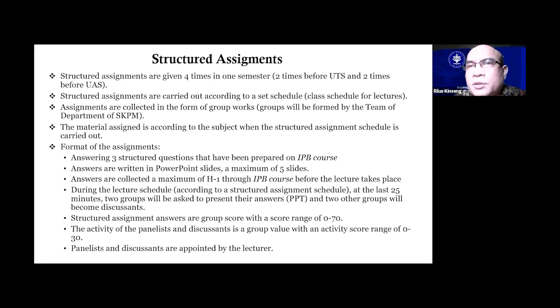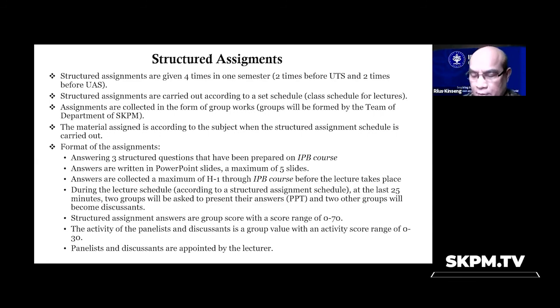Meaning the highest mark you get will be 30 from the discussion, and the panelists will get from 0 to 70. But I think I'll discuss this further. Something has come up in my mind about this. Later on, we will let you know if we have a different way to mark this.